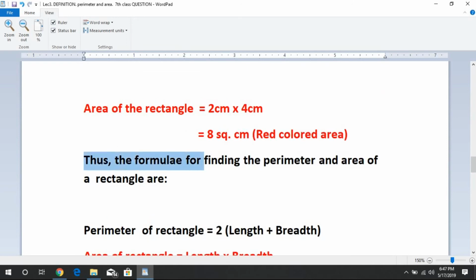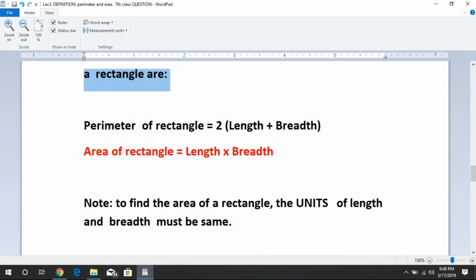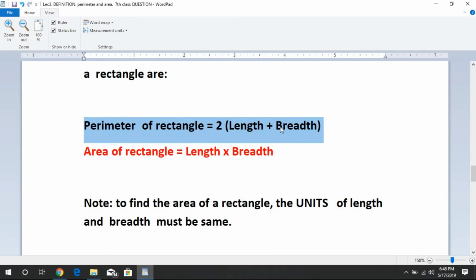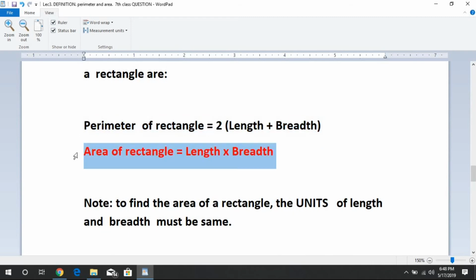Thus, the formulae for finding the perimeter and area of a rectangle are: perimeter is equal to 2 multiplied by length plus breadth. Again, this is in black color and area is in red color.